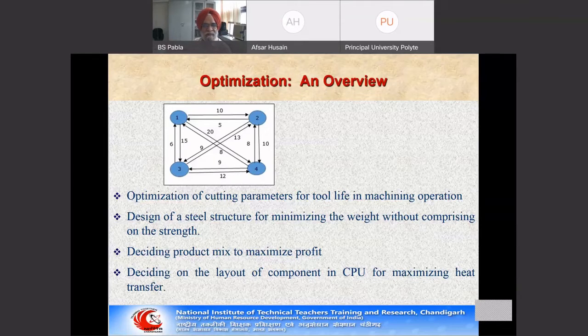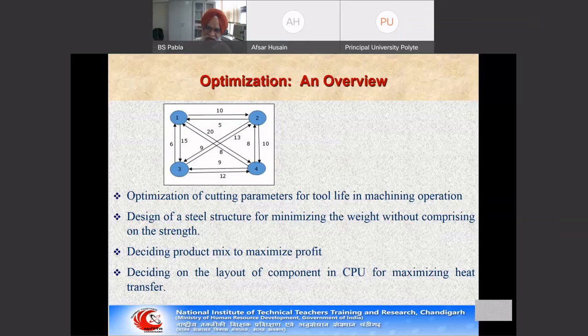So an example of optimization is optimization of cutting parameters for tool life. Another example can be optimization of cutting parameters for improving the surface finish. Optimization of cutting parameters for minimization of the machining time.